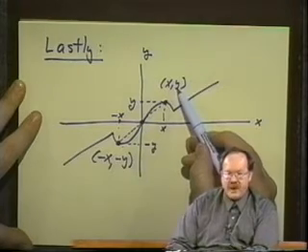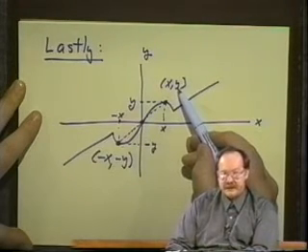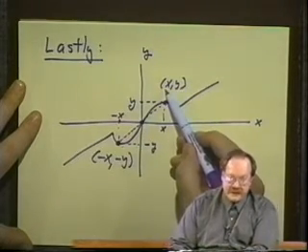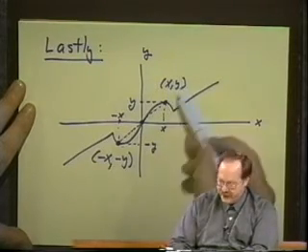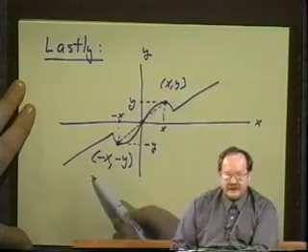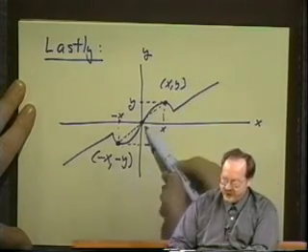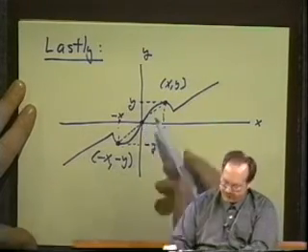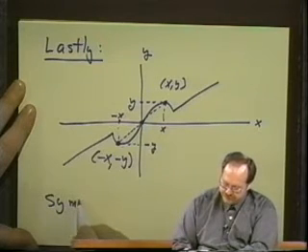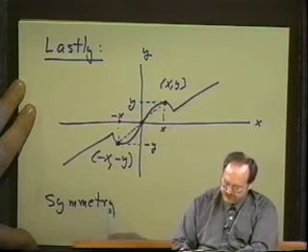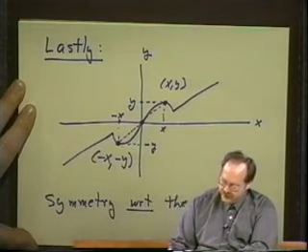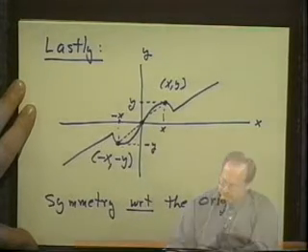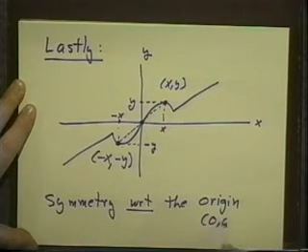Previously, we replaced y by minus y to get symmetry with respect to the x-axis, x by minus x to get symmetry with respect to the y-axis. But if you replace both and you still have symmetry, this is symmetry with respect to the origin, this point in the middle. So this is symmetric with respect to the origin. And the origin, remember, is the point 0, 0.